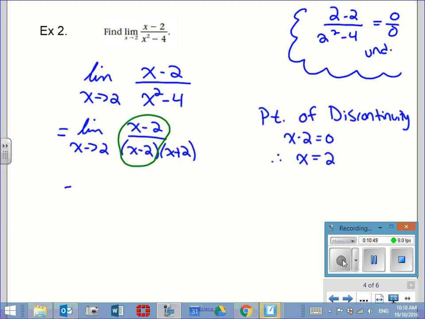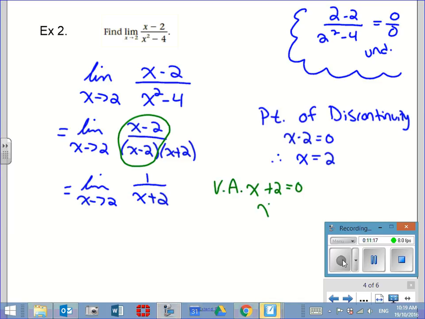So let's continue. We now are looking at the limit as x approaches 2 of 1 over (x plus 2). Now remember, this is the same function, we just simplified it down, so you can graph it at the beginning or graph it here. But the case is, you are going to have a vertical asymptote. Remember, when our denominator is equal to 0, so when x plus 2 equals 0, you wind up with a vertical asymptote.